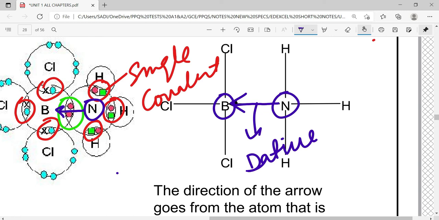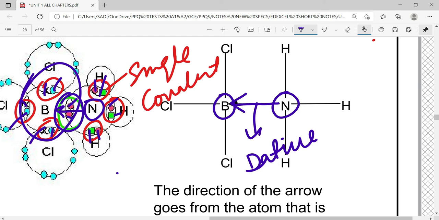If you count these total electrons, 1, 2, 3, 4, 5, 6, 6 electrons are there for boron. And for nitrogen, 1, 2, 3, 4, 5, 6, 7, and 8. 8 are still for nitrogen. The only difference is that before you were counting these green ones for nitrogen only, now you're counting for boron also. Boron is sharing now.